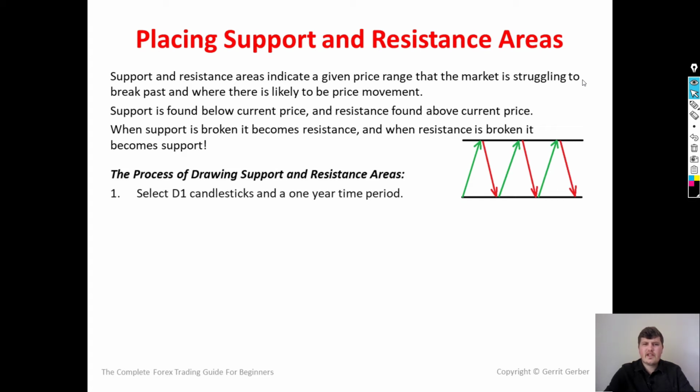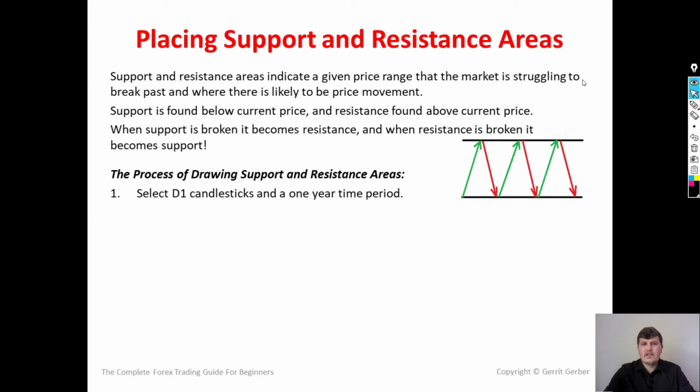The first step is to select a daily candlestick, where each candlestick is equal to a 1-day time period, and to select a 1-year time period on your charts. You can do this by making use of a trading platform called TradingView, like I showed you guys in the previous video.